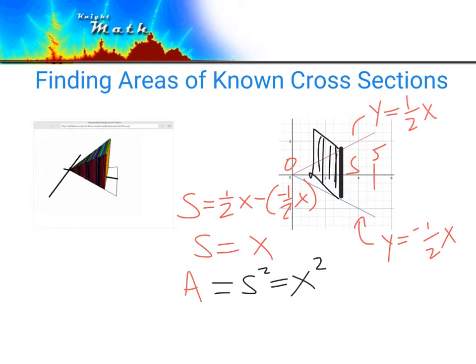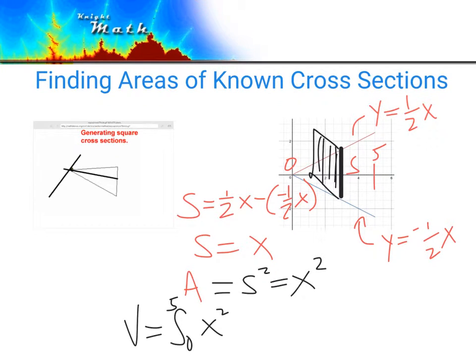When we add up values, we're talking integral. So the volume is just the integral from 0 to 5, because that's our bounds, of x squared. When you add up all the areas, you get volume.